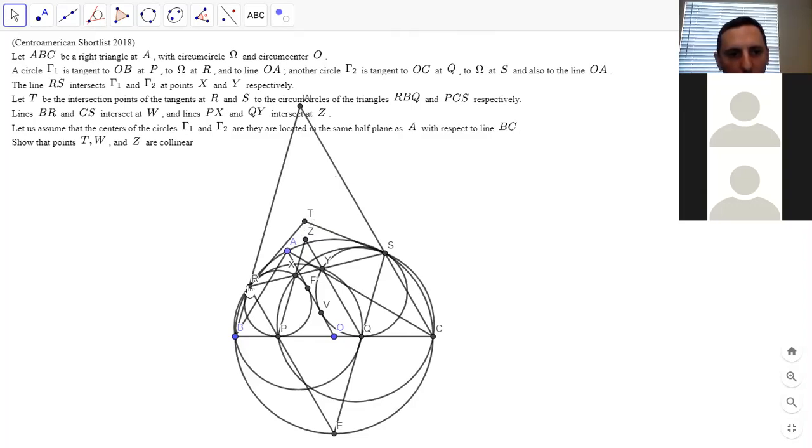So actually, okay, we need these circles for X and Y. So PX and QY, BR and CS, and then T.